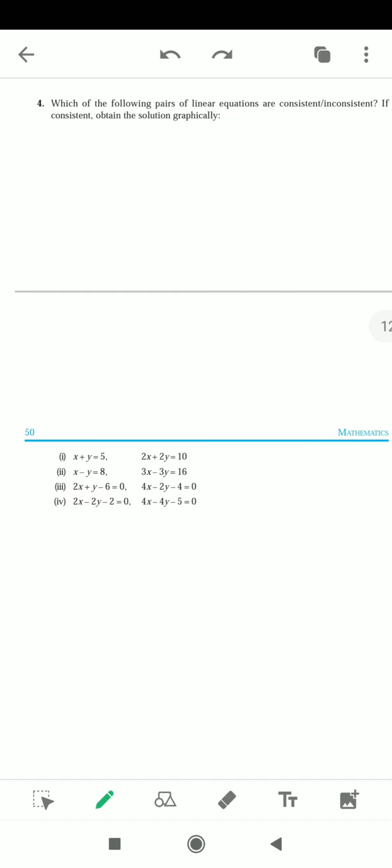Okay, so problem 4, exercise 3.2. Which of the following pairs of linear equations are consistent? And which of them are inconsistent?